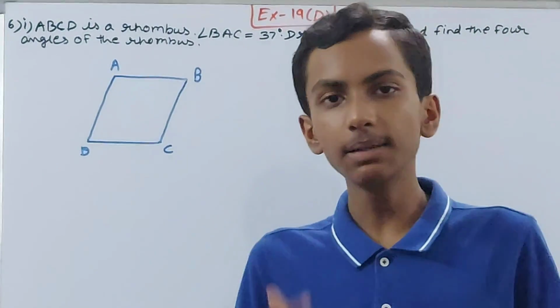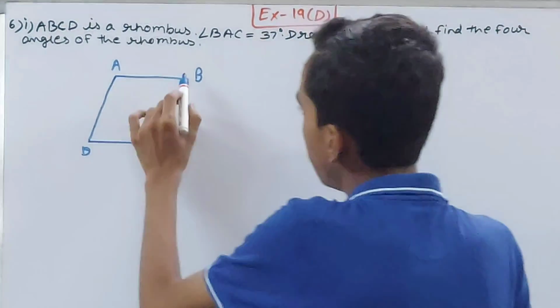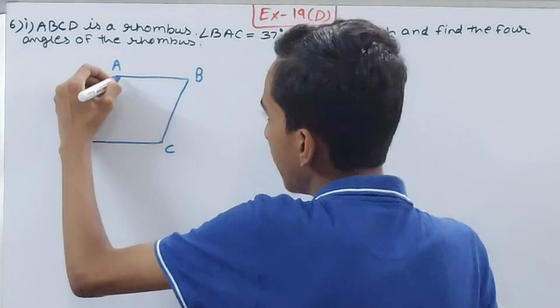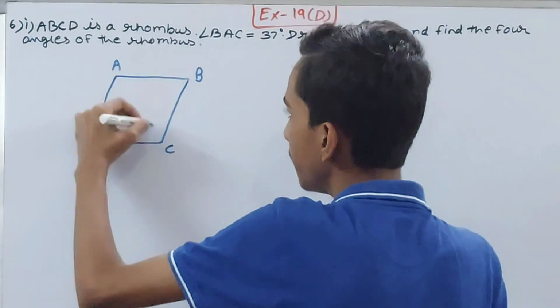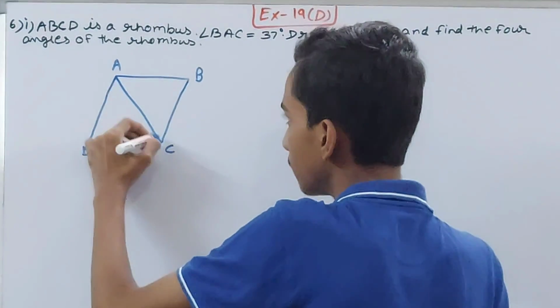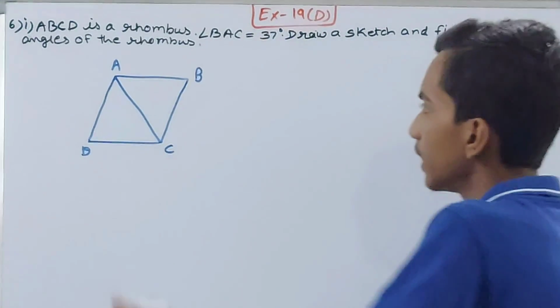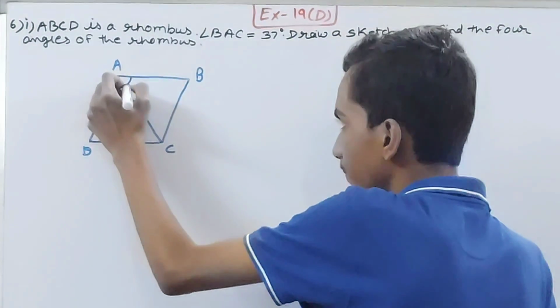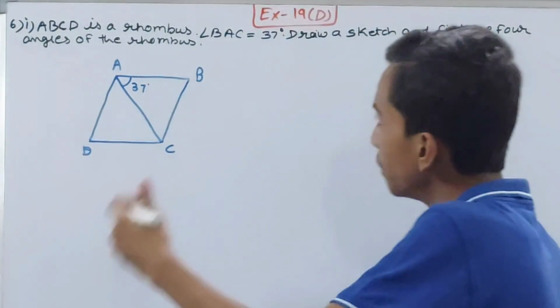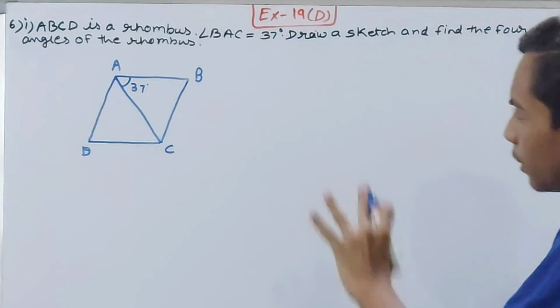It says angle BAC is 37 degrees. So B, A and C. You can see it's not joined, let's connect this. So BAC, that's here, 37 degrees. You have to make the figure with me because it says draw the sketch. So let's draw the rough sketch.